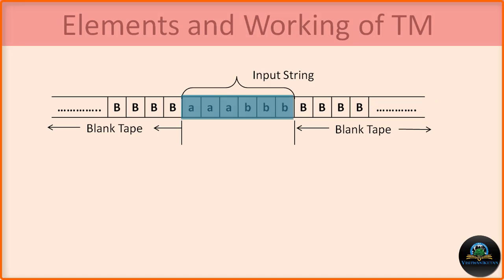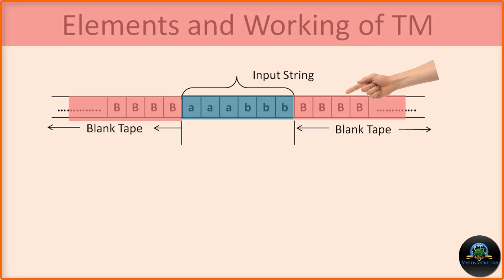This is the input string. The input string is surrounded by blank spaces to indicate the end of the input string. All the symbols from the input string belong to sigma, and all other symbols, including the input string, which you can find on the tape, belong to tau.